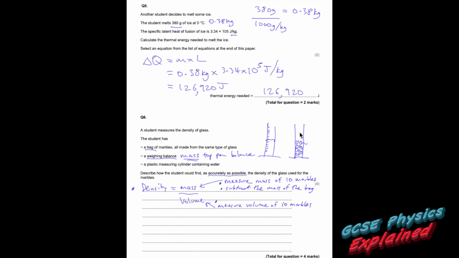And what will happen is when we put the marbles in, the volume of water will go up. So our volume, if we say that's volume 1 and that's volume 2, the volume of the marbles will be V2 take away V1.